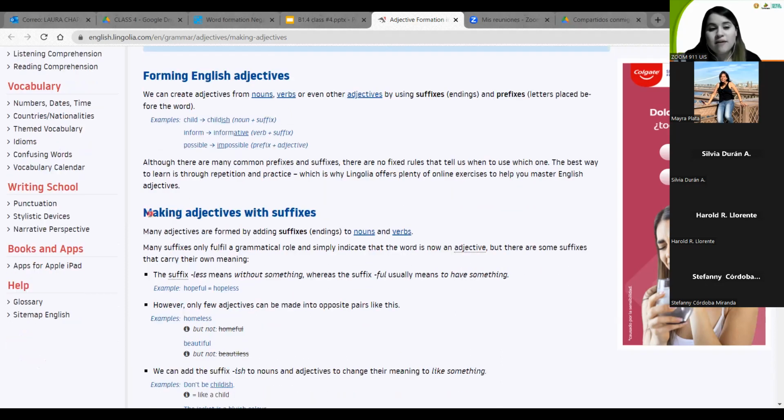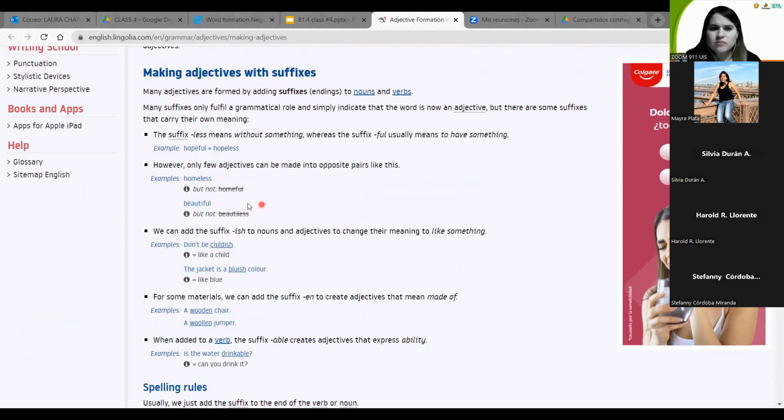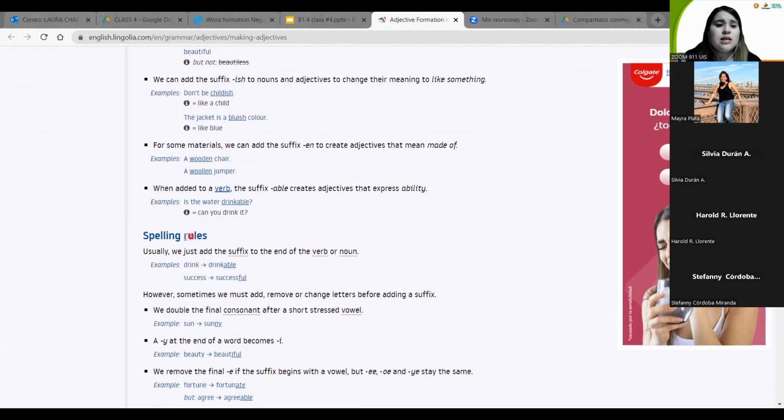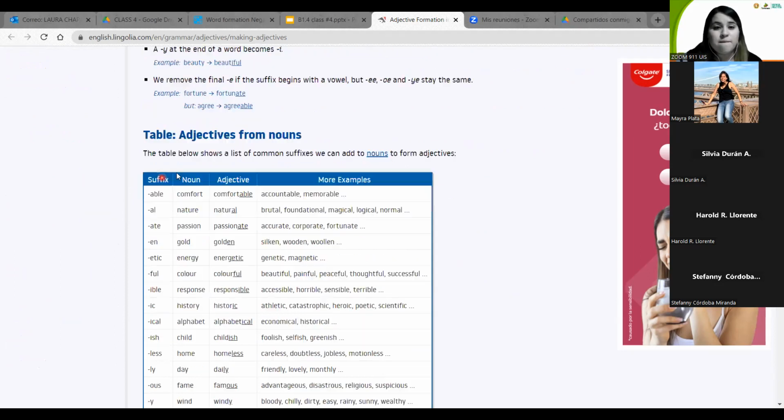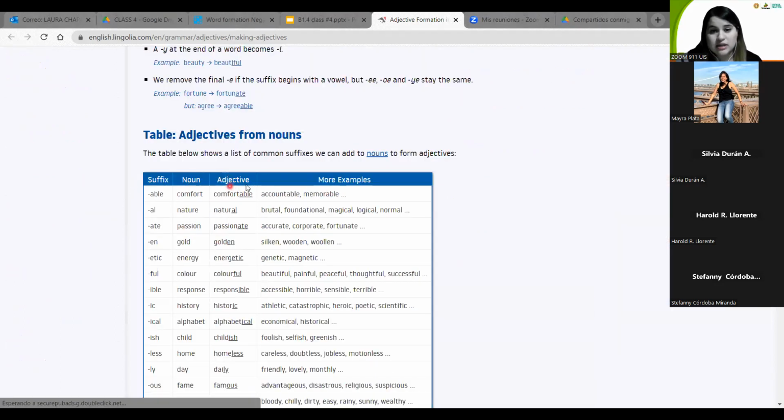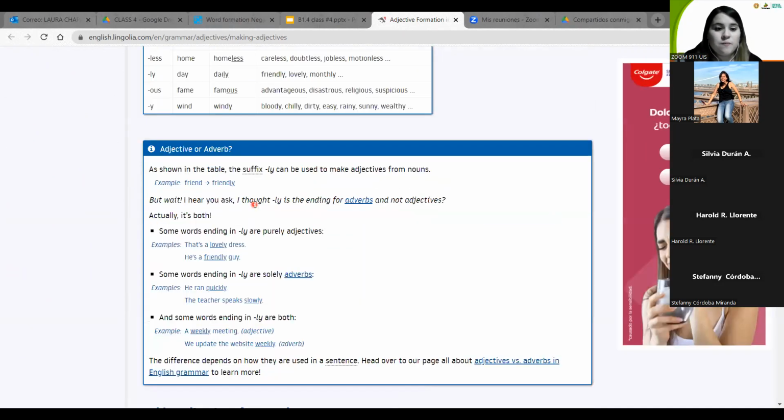So here we have extra examples of how to make adjectives with suffixes. And then examples here, spelling rules, a table with adjectives from nouns. And then we have common suffixes here, and then the noun, the new adjective, and then examples. Good.